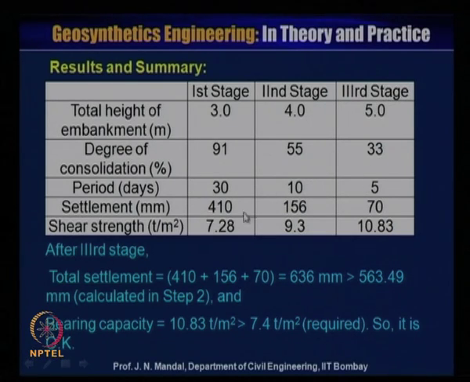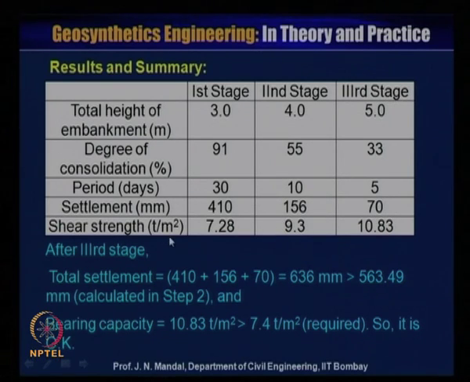Most of the consolidation takes place in the first stage, that means within 30 days you have achieved the major degree of consolidation, and then gradually you can see that the degree of consolidation is decreasing with a minimum time or days. Settlement is initially first stage 410 millimeter, then second stage 156 millimeter and third stage 70 millimeter.